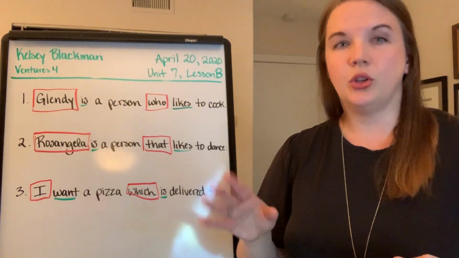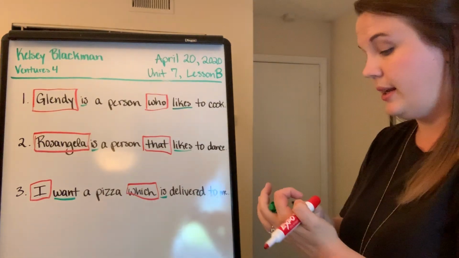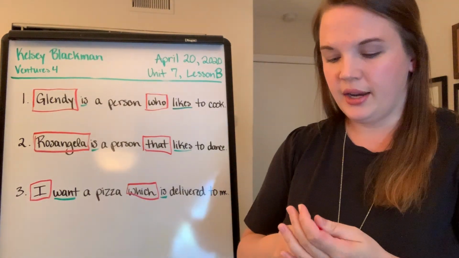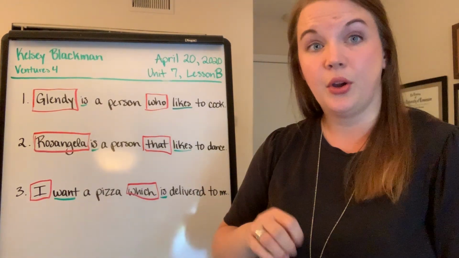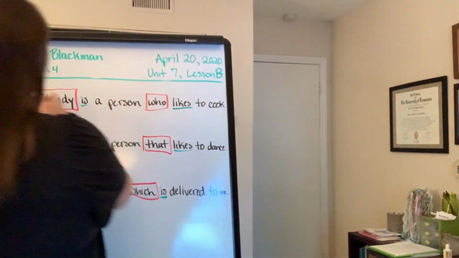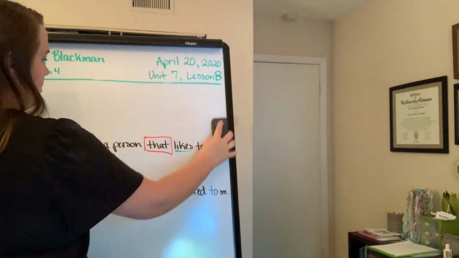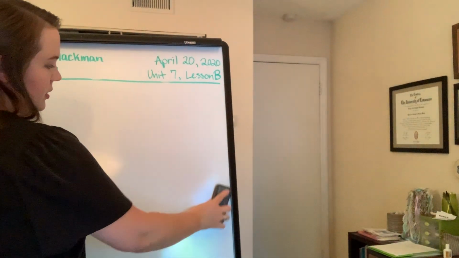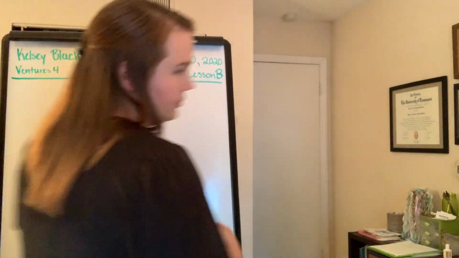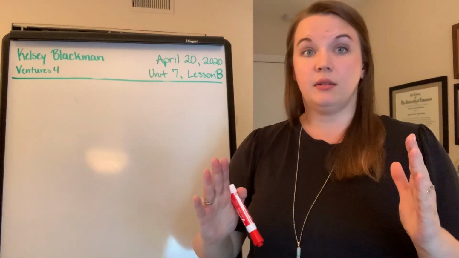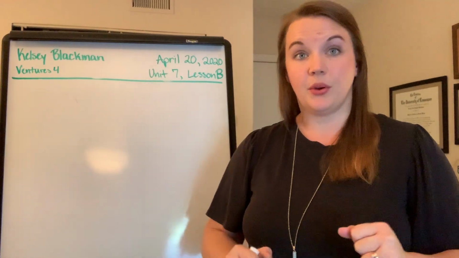Don't worry about it. You will figure it out if you haven't already. Probably you already know this, but this is important, and so that's why we're going over it again. All right, so if you did not write that down before I erased it, rewind the video, pause it, and write it down for yourself, okay?